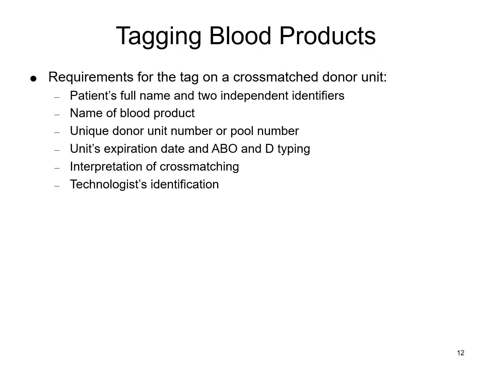Okay, so once you've actually done the steps that are required to do the cross-matching and making sure that unit is compatible, then you have to go through a process of actually tagging that blood product for that recipient. So there are specific requirements that should be on the tag once you've got that unit cross-matched and ready for that recipient.